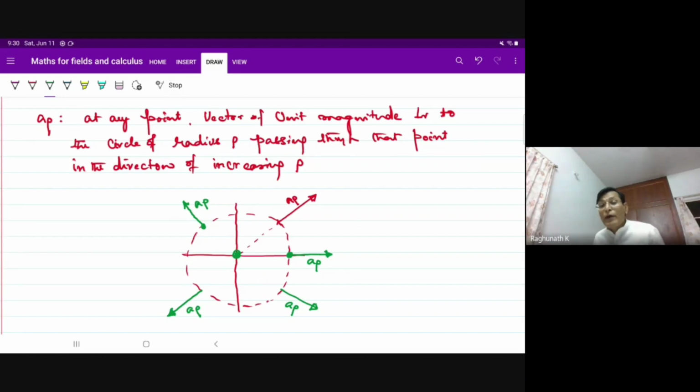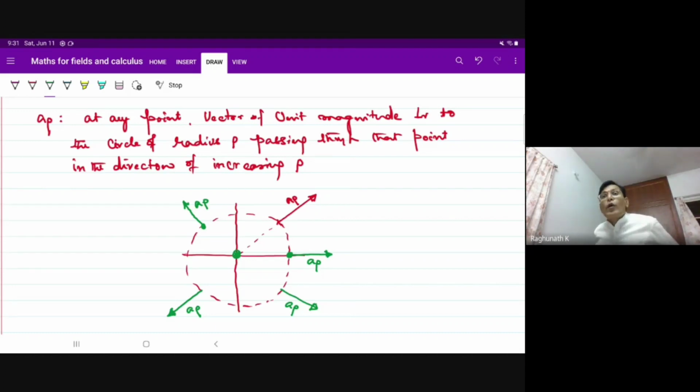Wherever you keep, we'll say that the force experienced by another charge kept at any point on this circle is magnitude in the direction of a rho. That's all at that point. You anyway are specifying the point, right?